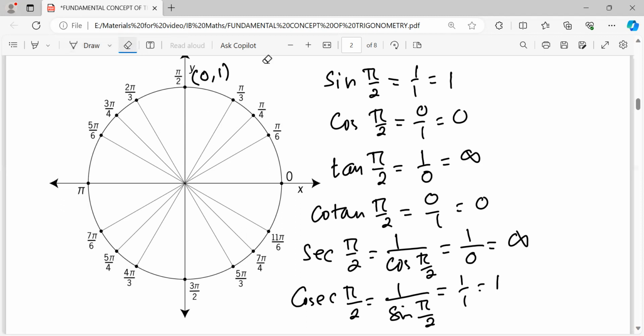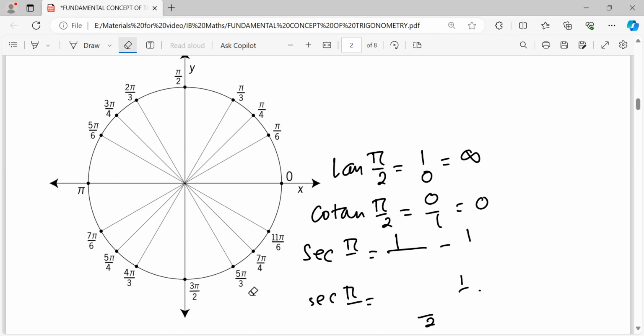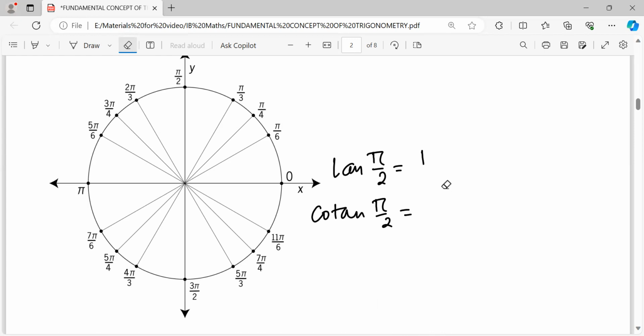Next, I'm going to move to the next angle, 2 pi over 3, but I'm going to clean first the space because I'm going to use this space. Okay. Right. Next, continue to 2 pi over 3.